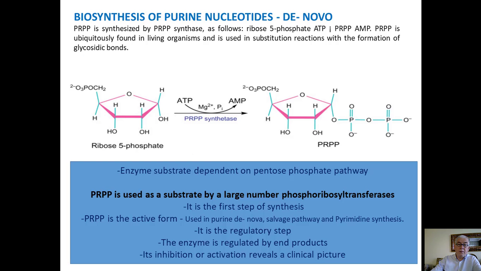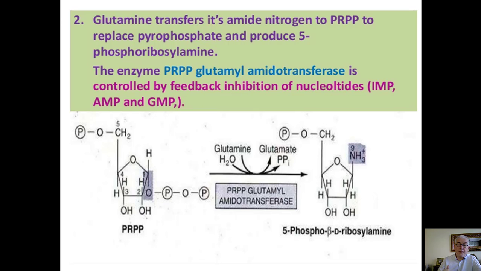The second step of purine de novo synthesis depends on PRPP glutamyl amidotransferase. It is another important enzyme for purine de novo synthesis, because the enzyme makes the beta-N-glycosidic bond between the first carbon of the sugar and the nitrogen atom from glutamine.